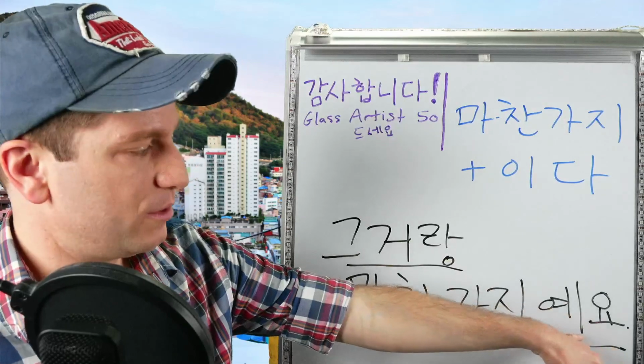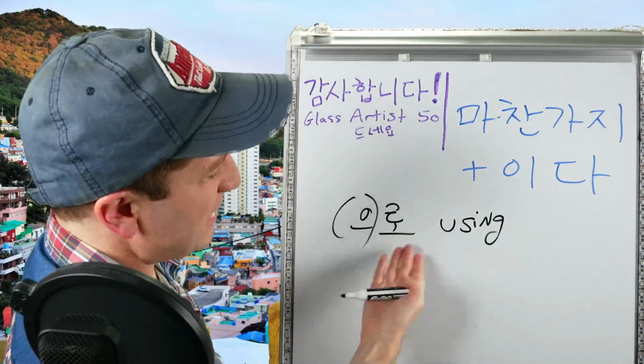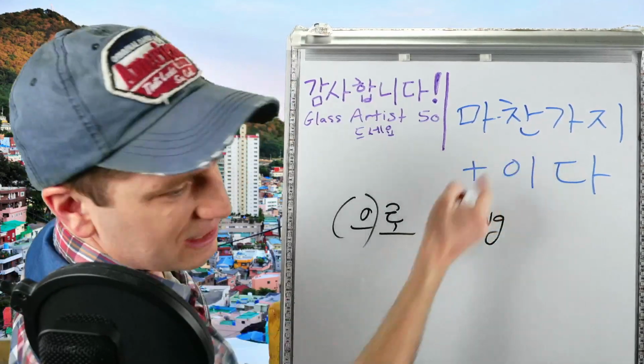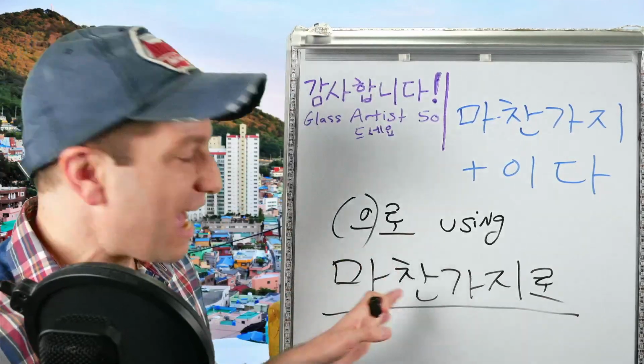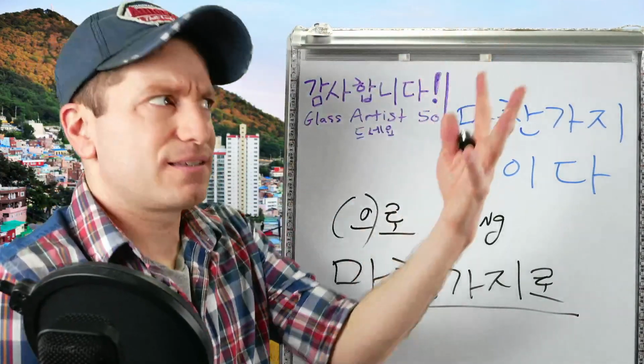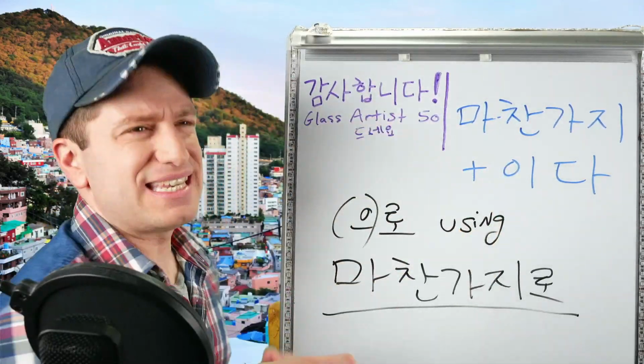그거랑 마찬가지예요. Or if you use the particle 으로, this one can be attached to 마찬가지 to use it as an adverb, as 마찬가지로. And this adverb means the same as, like in the same way as, or alike, or similarly.